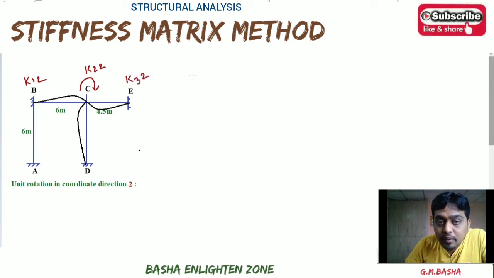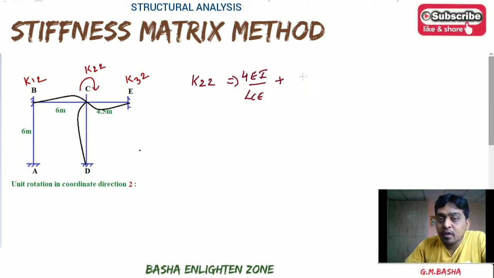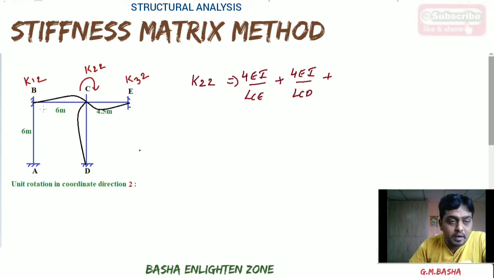So K22 will be equal to, we are applying rotation moment at C for member CE, it will be 4 EI by the length of span CE, plus the same moment at the joint connecting member CD, 4 EI by LCD, plus the remaining member CB.